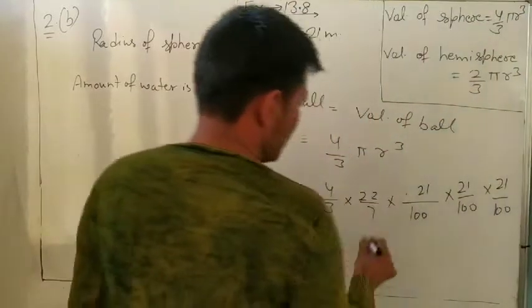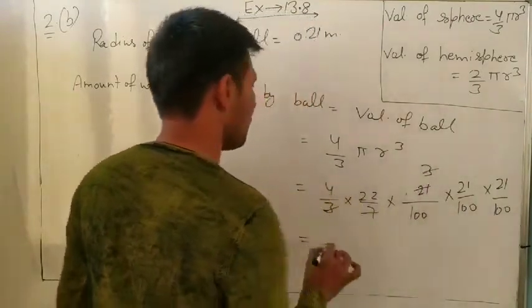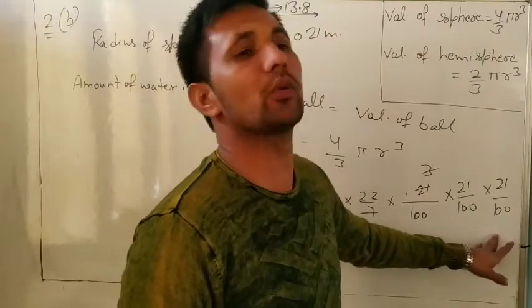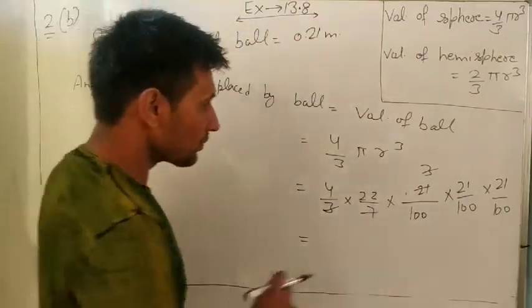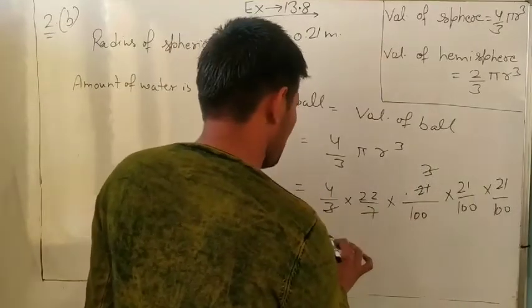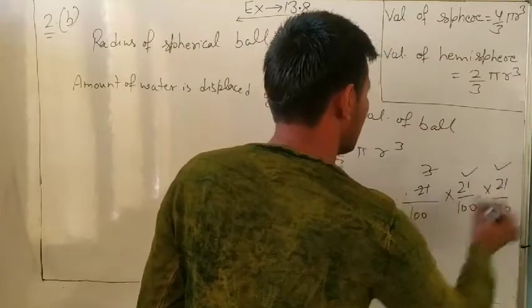Now 7 and 3 cancel. Whenever all are 0 in the denominator, no need to cut, because we can write it in decimal easily. So multiply: 4 into 22 multiply 21 multiply 21.